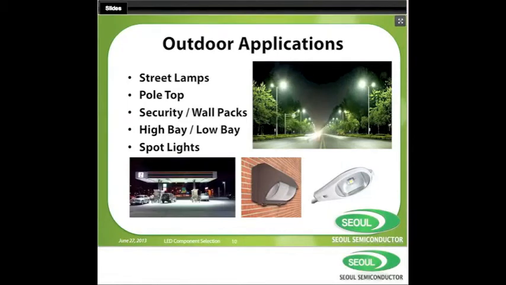Pole top or bollards, security and wall packs, high bay and low bay type products, spotlights. Something to think about with these is they may have a certain radiation pattern you want when you're shining it on a certain surface. You may want an oval pattern. You may want a circular pattern. So things to be aware of when you're looking at some of these types of products.